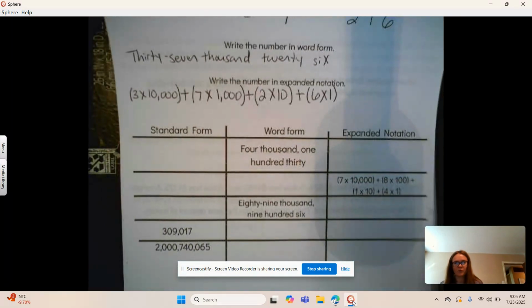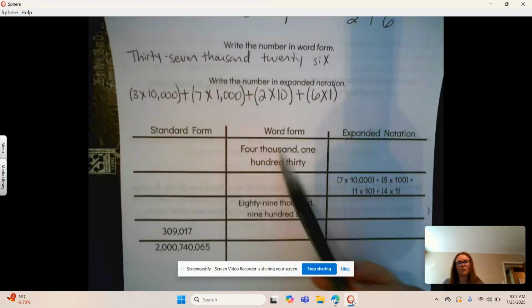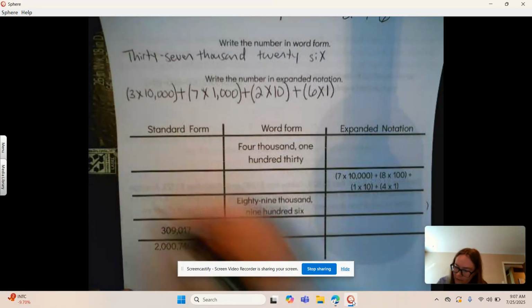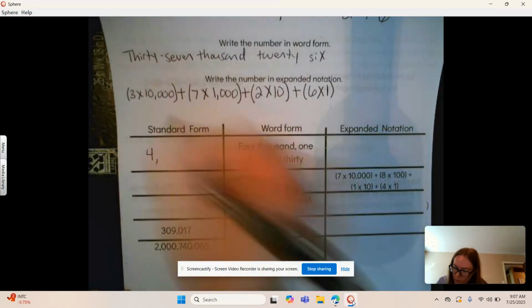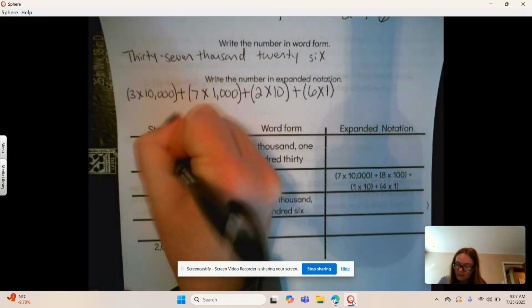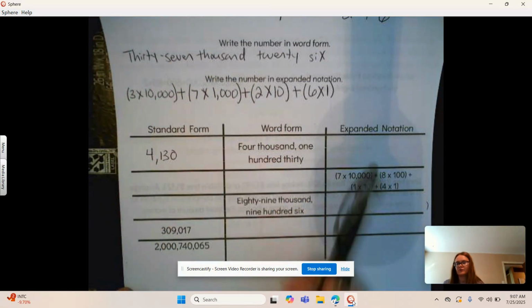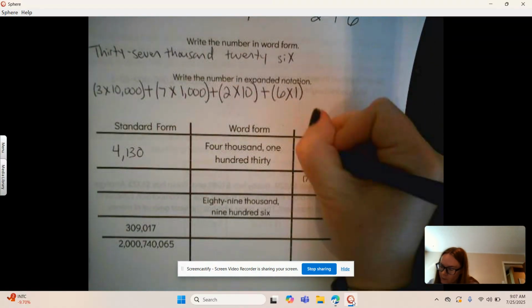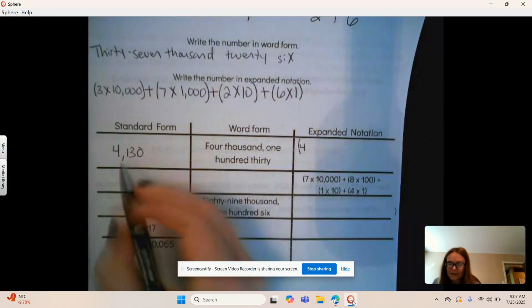Let's go down here. Okay, so our word form is 4,130. How would we write that? We have 4,130. Okay, go ahead and try to do the expanded notation by yourself. Okay, so we take our digit, 4, and we multiply it by the place value.